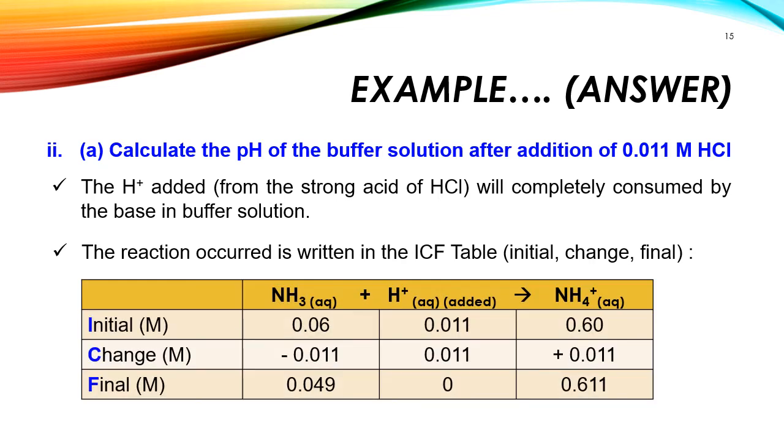The aqueous ammonia will react with the H+ ion added from the strong acid to form ammonium ion. Since only a small amount of acid is added, H+ will be the limiting reactant. At the end of the reaction, there is remaining ammonia with 0.049 molar and ammonium with 0.611 molar.